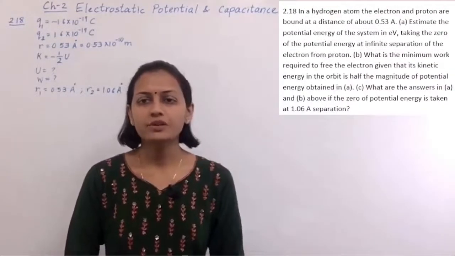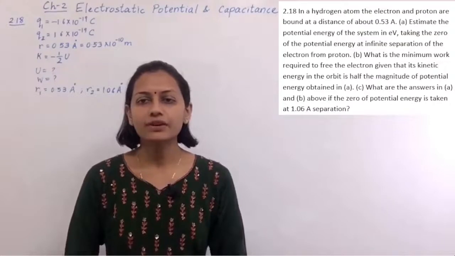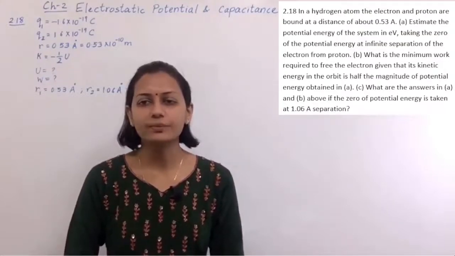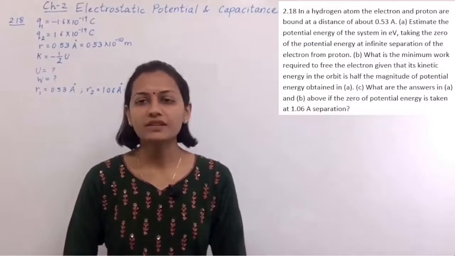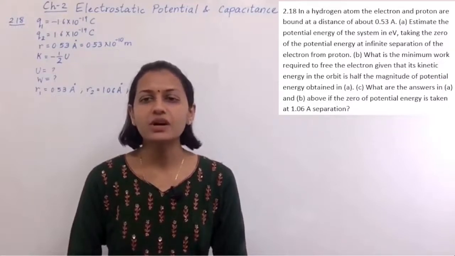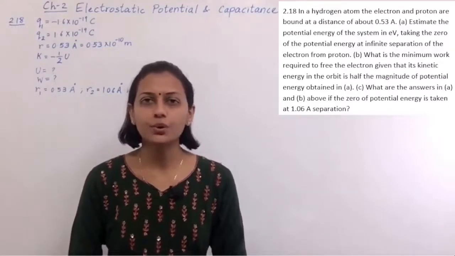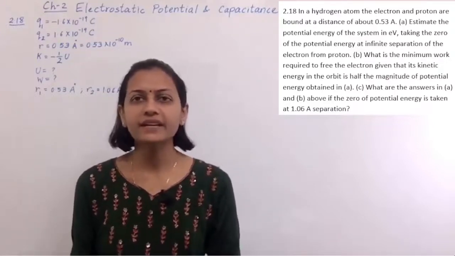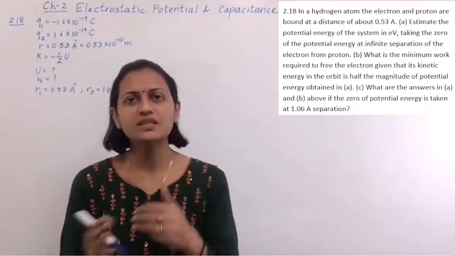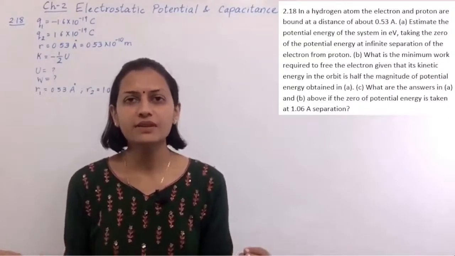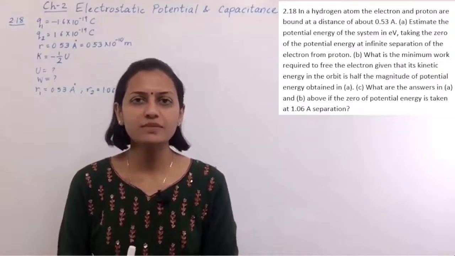2.18. In a hydrogen atom, the electron and proton are bound at a distance of about 0.53 angstrom. Estimate the potential energy of the system in electron volt, taking the zero of the potential at infinite separation of the electron from proton. So at infinite separation, when the distance between electron and proton becomes infinite, the potential energy becomes zero.